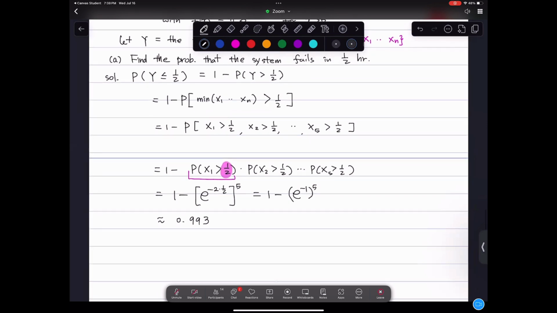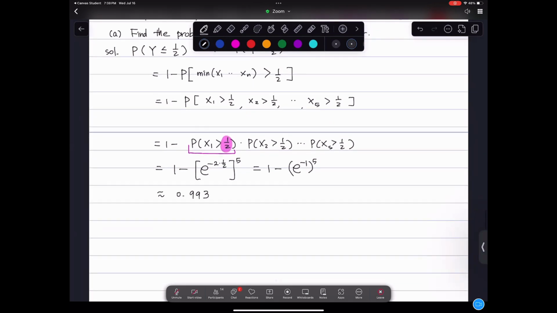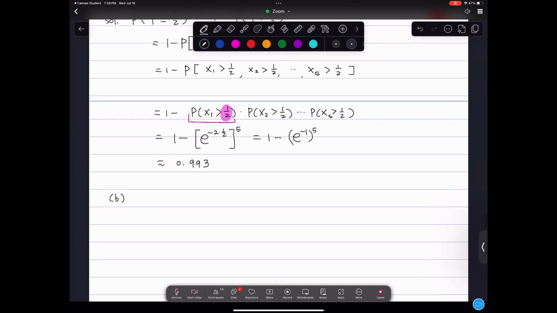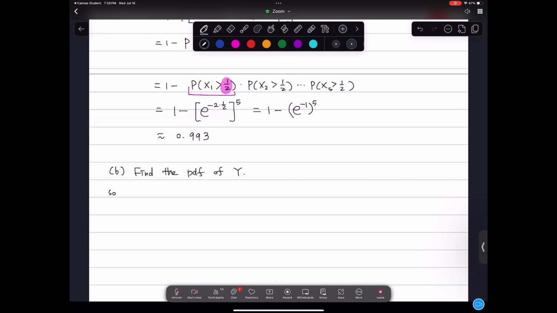So now that I've gone through this, why did I go through this? Because I want to think about the PDF. Let's find the PDF for Y. I've gone through all these already. So here it goes. Let me copy this.